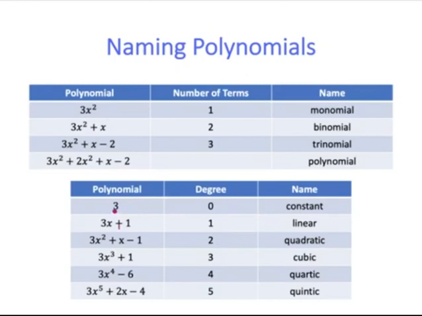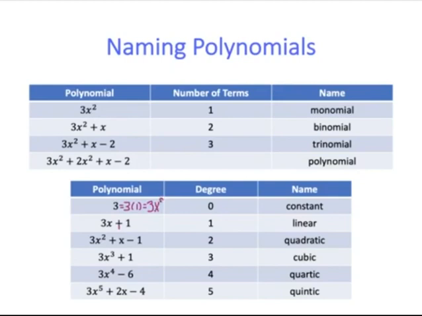The first one here, we have a 3 by itself. Remember, we talked previously about if we have a constant like this, it equals 3 times 1, which equals, remember that x to the 0 equals 1 because anything to the 0 is just 1. So 3 is equal to 3x to the 0.